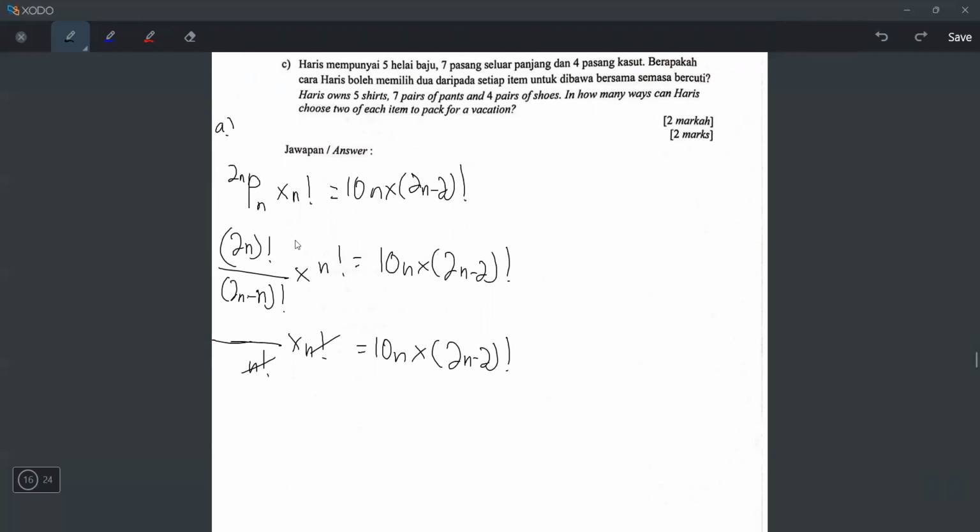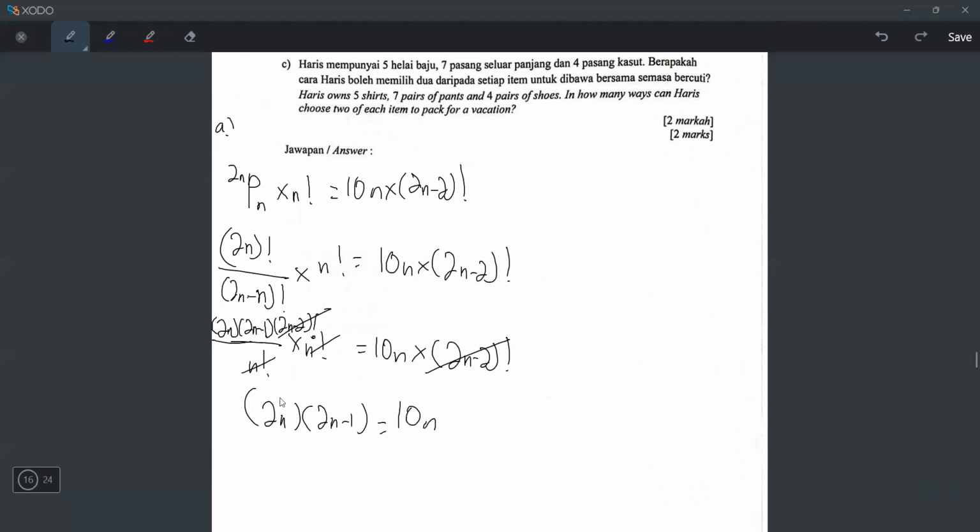So how I will write this is I will write 2n times with 2n minus 1 times with 2n minus 2 times with 2n minus 3 and so on. But I will stop here. I will write 2n times 2n minus 1 times 2n minus 2 factorial. The reason why is because I know this one can cut with this because it's a times relation. So when you move there, become divide, then the 2n minus 2 factorial can cut already. So you're just left with 2n bracket 2n minus 1 equals to 10n.